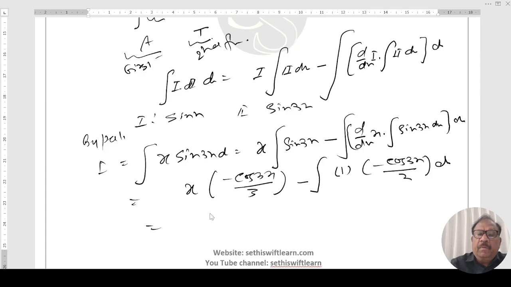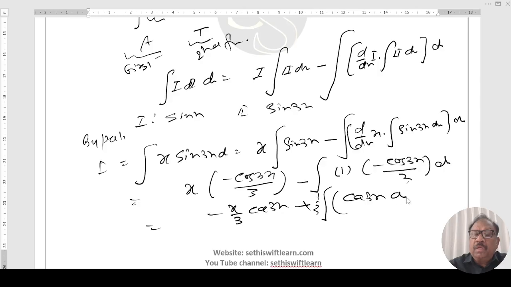If you simplify it, minus x by 3 cos 3x plus, taking the 3 common, the integration of cos 3x dx.